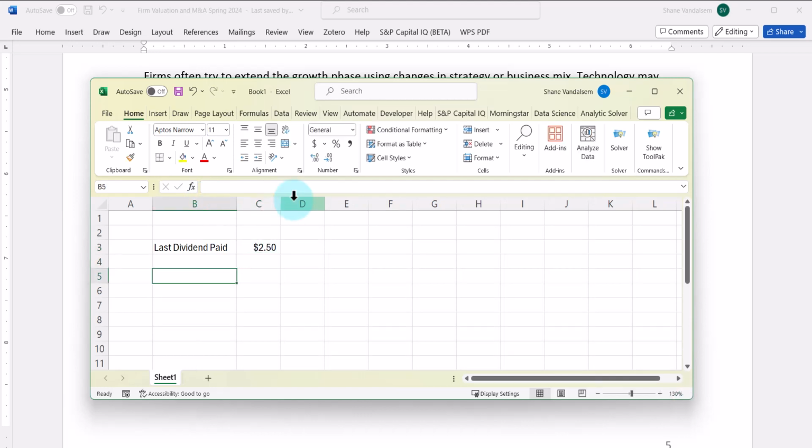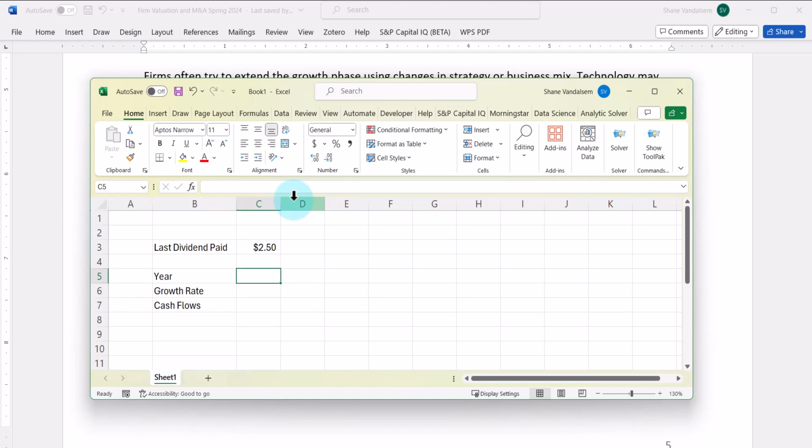And then I'm going to put down here the year, the discount rate or the growth rate, and then the cash flow. The cash flows in this case are going to be dividends. Later on, we're going to change the definition of the cash flow to be the free cash flow to the firm or the free cash flow to the equity holder. But for now, we're just going to use the dividends as our cash flow.